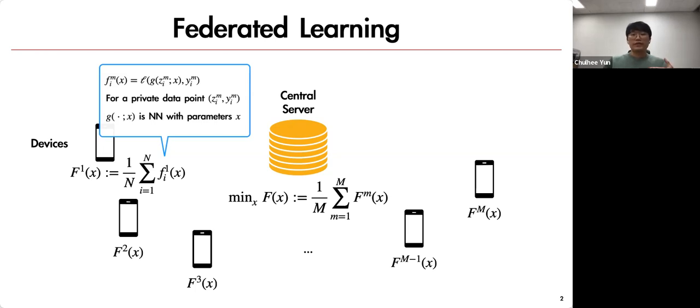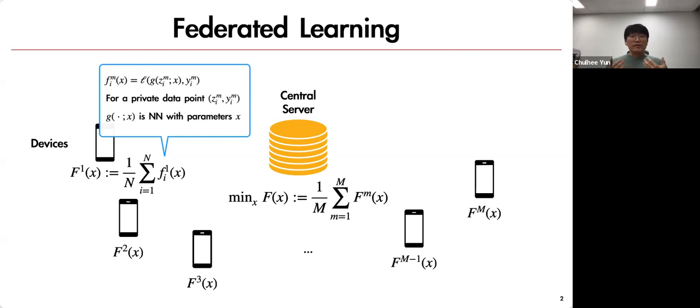A unique characteristic of this federated learning setup is that the local components can only be accessed by the local machine they belong to, not by other machines nor the server. For example, people can have a bunch of photos on their phones and they don't want to share their photos with someone else or even the server. The data is basically private.